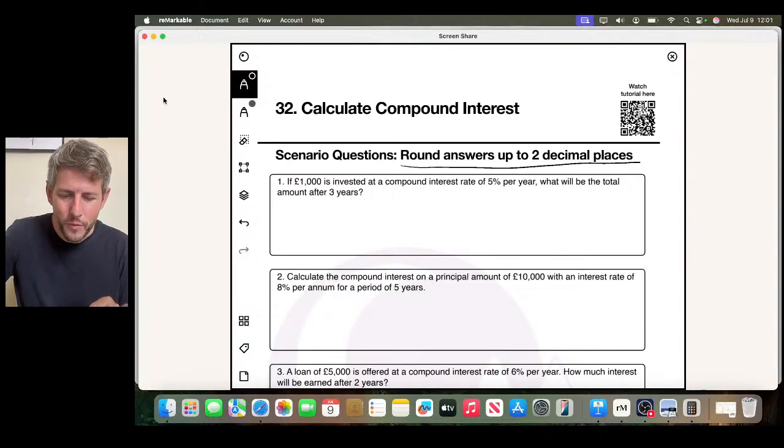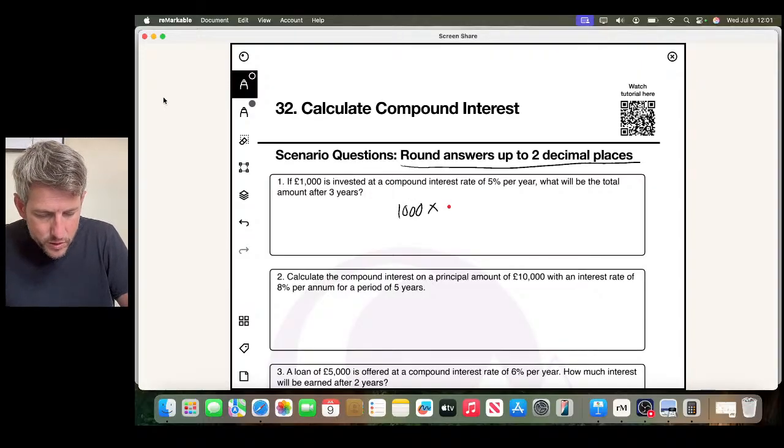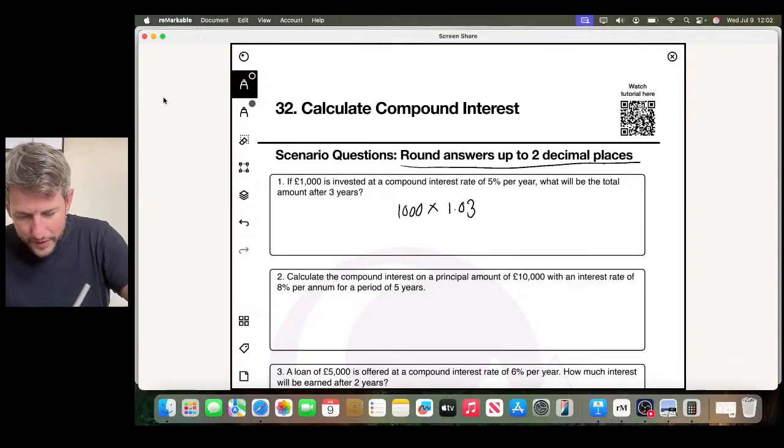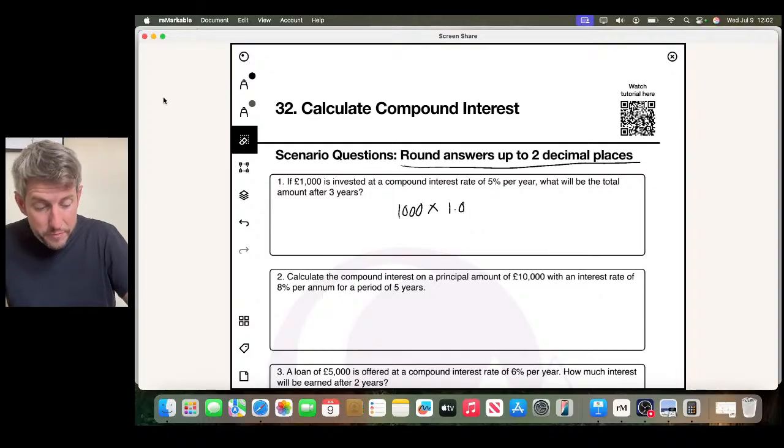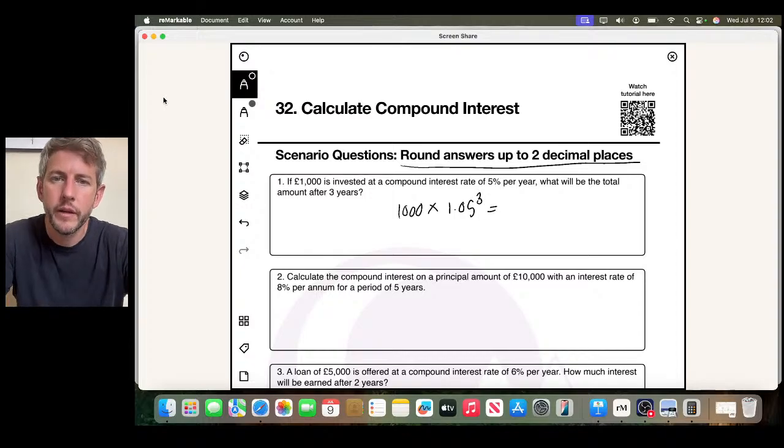So what we've got here is 1,000 times 1.03. Nope, I'm getting my numbers mixed up. 5% for 3 years. 1.05 to the power of 3. Okay, 1.05 to the power of 3.